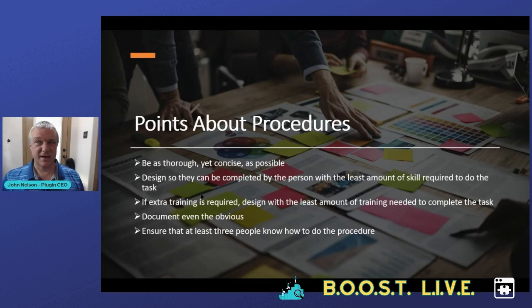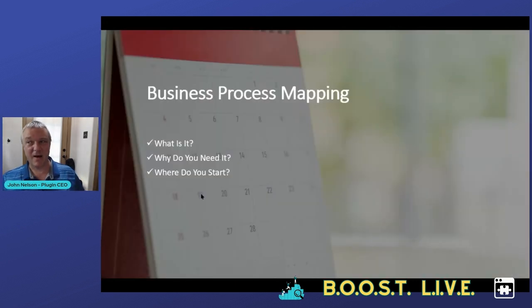And it's step by step, even the obvious. You're thorough, but yet you're concise. And so you don't mire everybody in giant volumes of books or giant PDF files. You make it relatively simple, step by step, for them to follow. And that's where a business process map makes a huge difference.